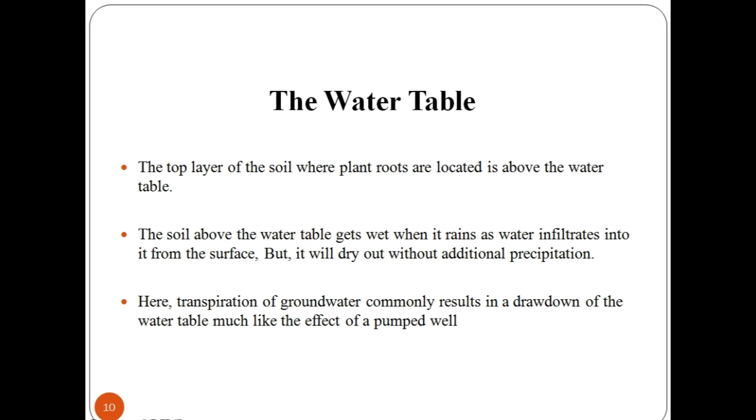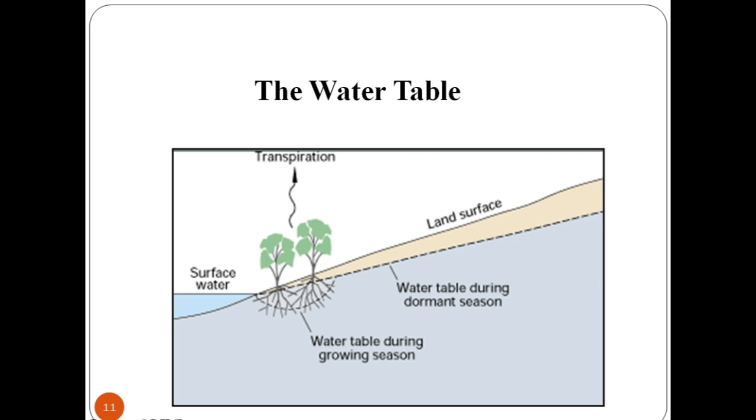Since the water table is usually below the depth of plant roots, the plants are dependent on water supplied by precipitation. Where the water table is near the land surface, such as next to lakes and ocean, plant roots can penetrate into the saturated zone below the water table. This picture explains the water table beneath soil level during dormant season and growing season.